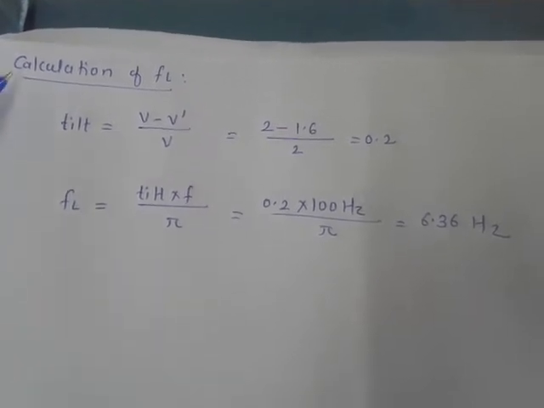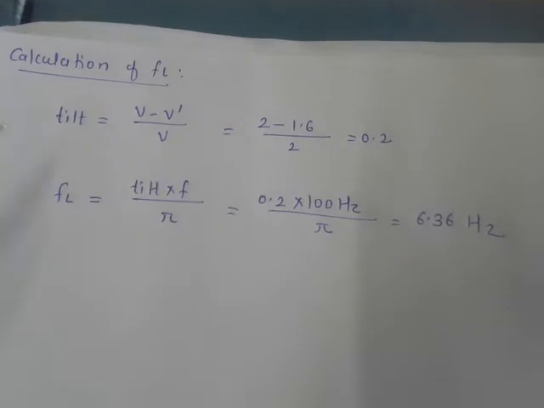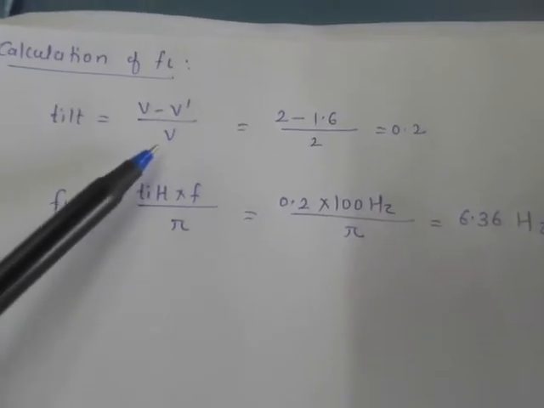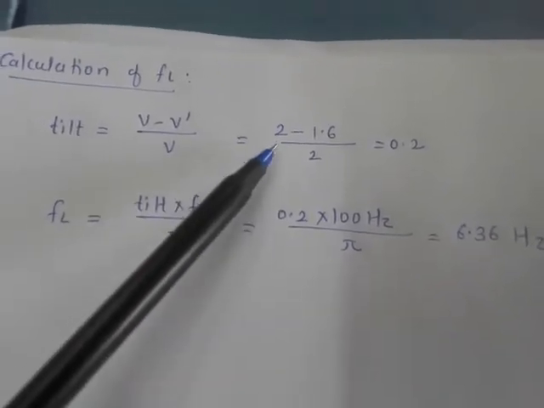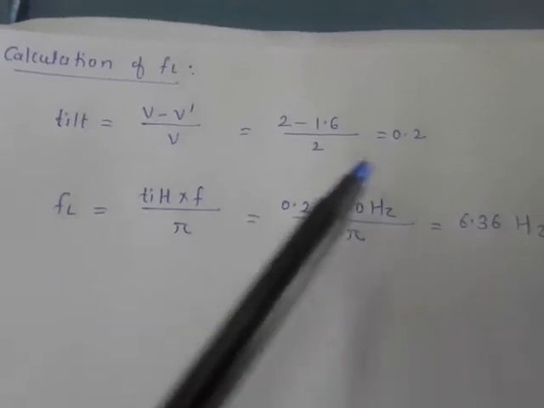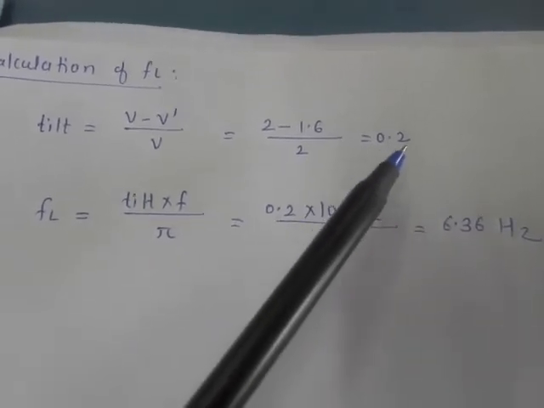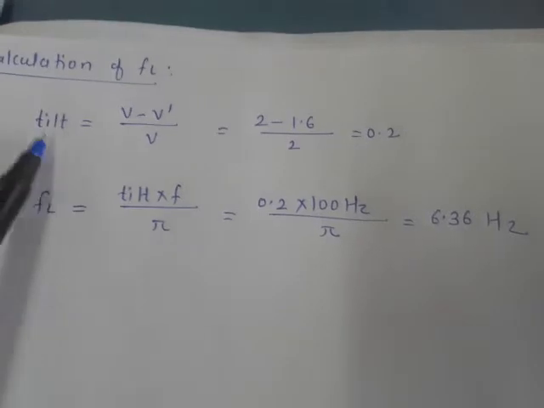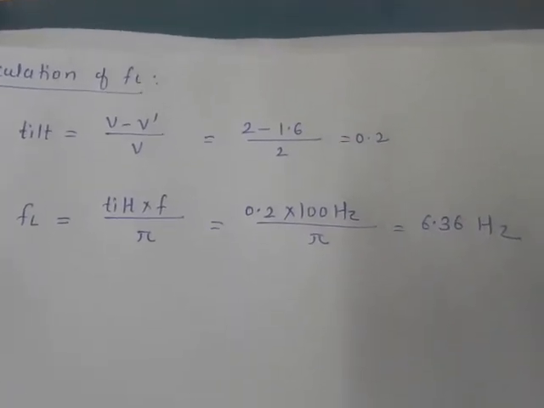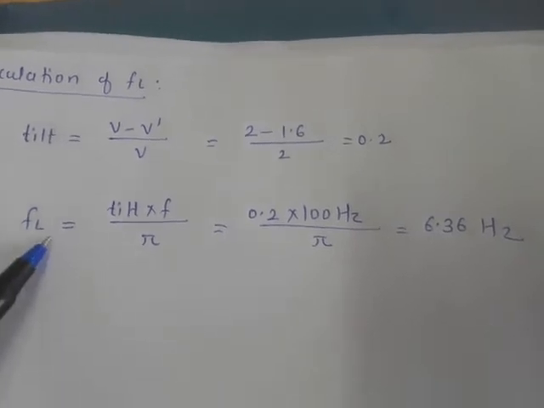Now to calculate FL, the formula for tilt is V minus V dash upon V, that is 2 minus 1.6 volts upon 2, which comes to 0.2. Now using this calculated tilt, we are going to find the lower cutoff frequency FL.